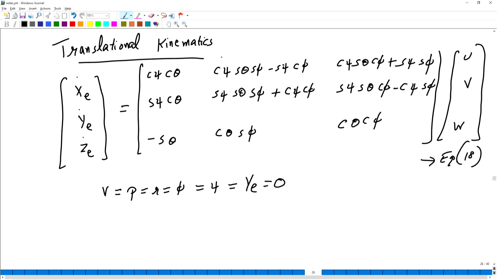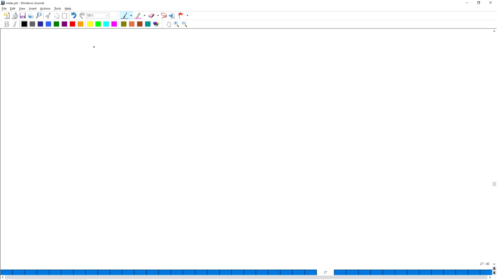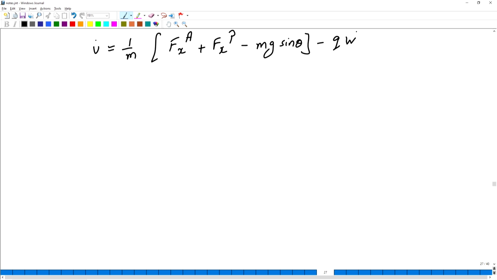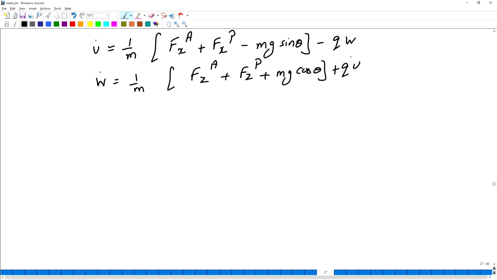Hence it greatly simplifies these equations, and finally we can write the equations in this format: u dot equals to 1 upon m times Fx A plus Fx P minus mg sin theta, minus q into w. w dot equals to 1 upon m times Fz A plus Fz P plus mg cos theta, plus q into u.